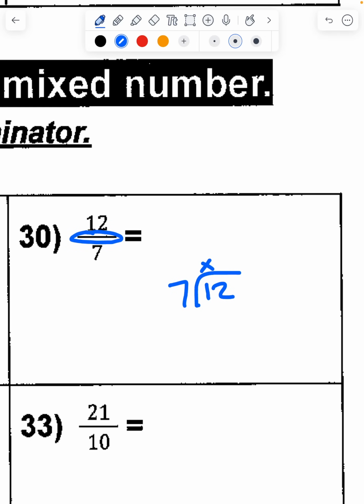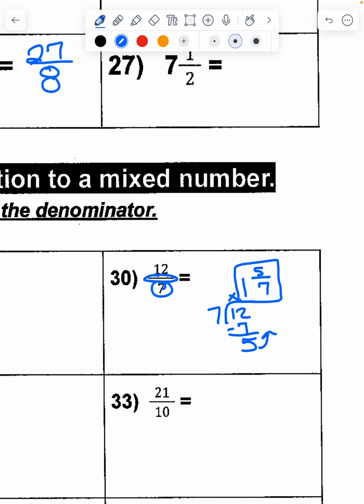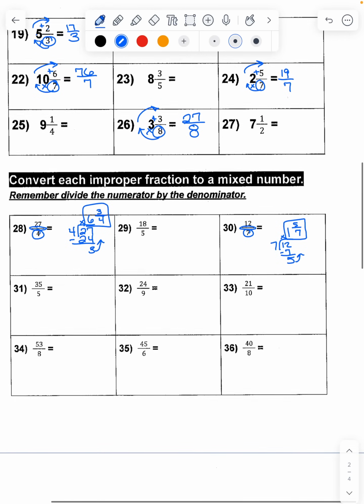That fraction bar is a division sign. 7 does not go into 1. 7 does go into 12 one time, and 1 times 7 is 7. When we do 12, take away 7, we get 5. We're going to bring that 5 up and put it over the denominator. So we have 1 5/7.